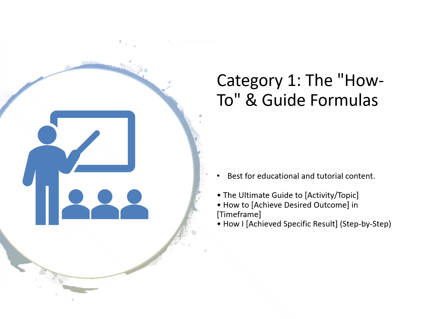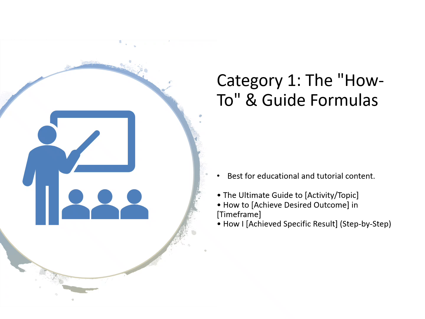Let's go over another formula, another how to. But it's not really how to, it's how I achieved a specific result step by step. That's another way. I have maybe 5 or 6 more formulas in this category, but those are in the ebook. Let me give you an example of how I achieved a specific result: how I mastered the YouTube algorithm step by step.